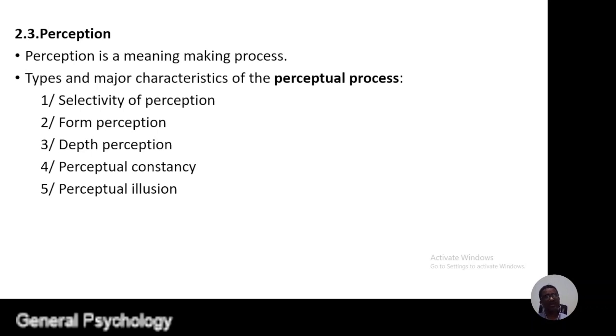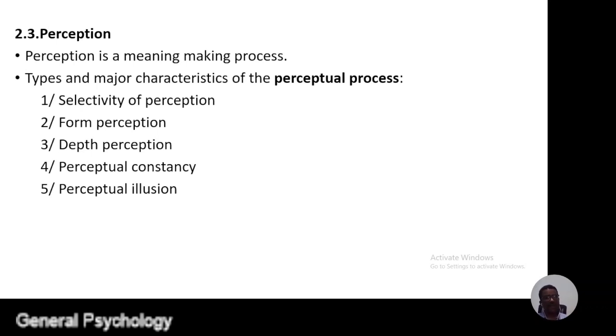The sense organs pass information to our mind, and at the level of perception, we give meaning, we give pattern, we give order, we give special nature to the collected information. So perception is simply the meaning making process of the collected information.